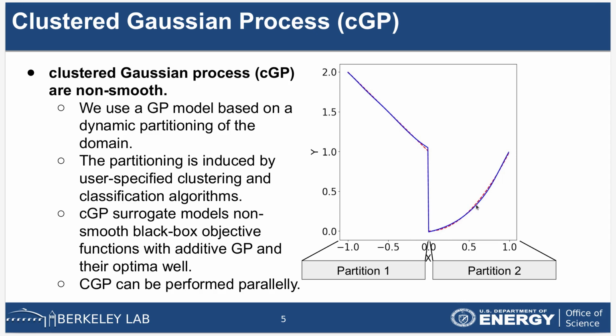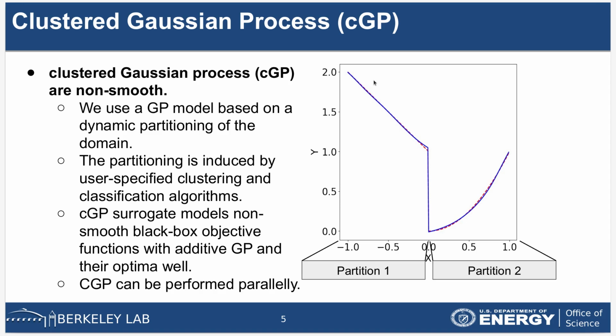The main difficulty is that, in practice, based on sequential samples, how are you going to find such an accurate partition? To solve this problem, we propose this novel cluster Gaussian process model. We use a dynamic partition scheme. First, we use both the x and y to do a clustering.